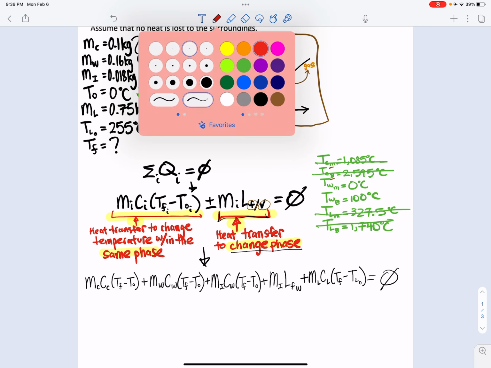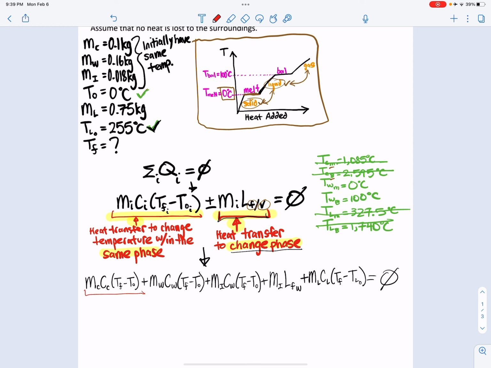Okay, and just to clarify, this is for the heat transfer necessary to change the temperature for copper, since it's just within the same phase. So copper, this is the same phase. It's still going to be a solid.